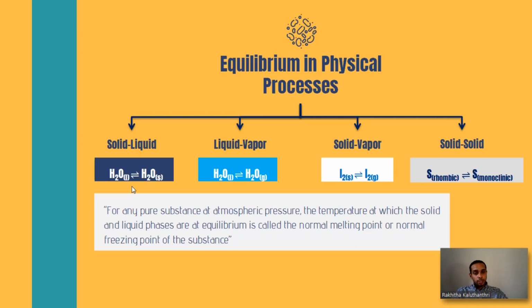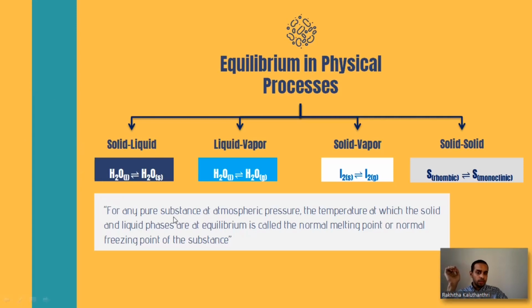What exactly happens here is, at this particular temperature, at 1 atm pressure, there is an equilibrium that prevails between liquid water and solid water, which we call water and ice. So when, at 1 atm pressure, a solid and a liquid are both present in equilibrium, that particular temperature is referred to as the melting point or the freezing point.